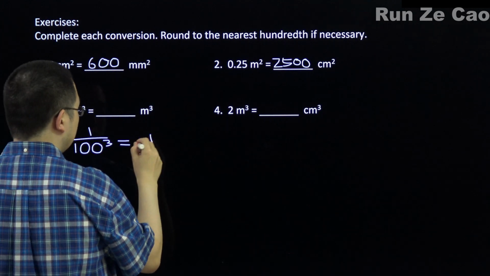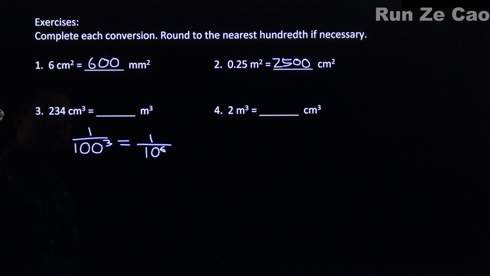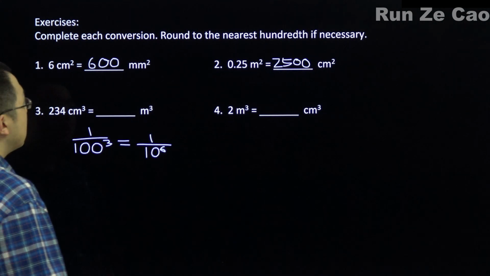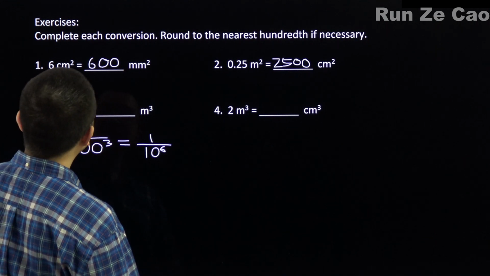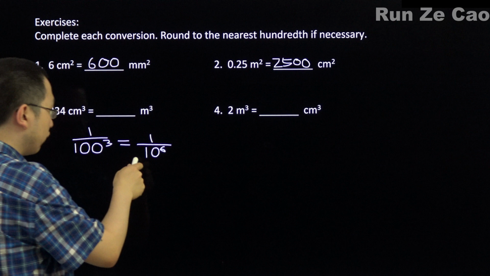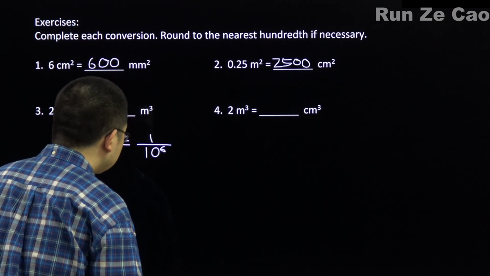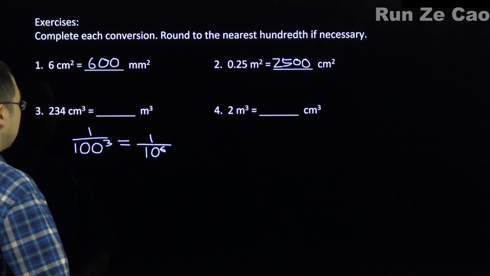So 1 over 10 to the sixth. 1 over a million. Round to the nearest hundredths, if necessary. 234 divided by a million isn't going to give you a nearest hundredth.